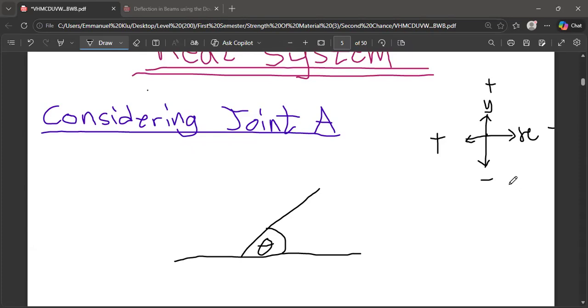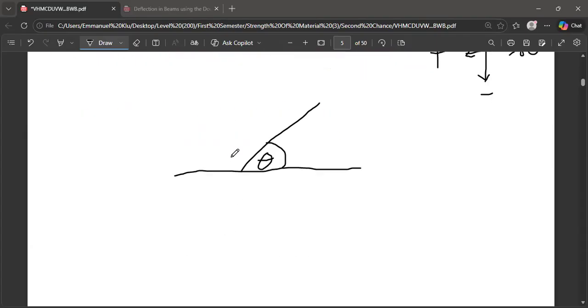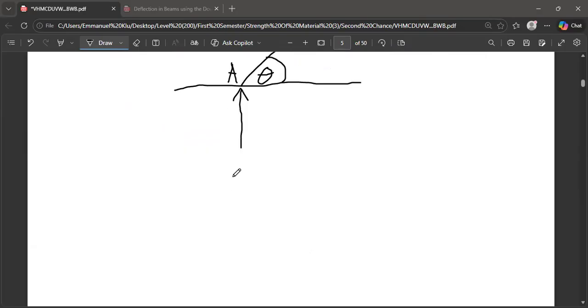So the answer we had here, this was point A. There was a reaction over here, but you see that initially the reaction was this way, and we had negative 6.67 kilonewton.